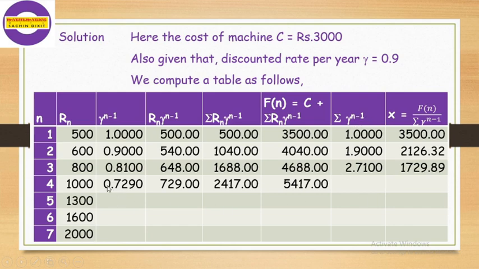Here it is 0.7290. We have to add this value to 2.71. We get the total sum as 3.4390. To find the average cost, we have to divide 5417 by 3.4390.